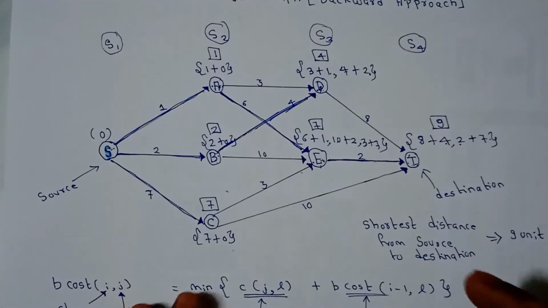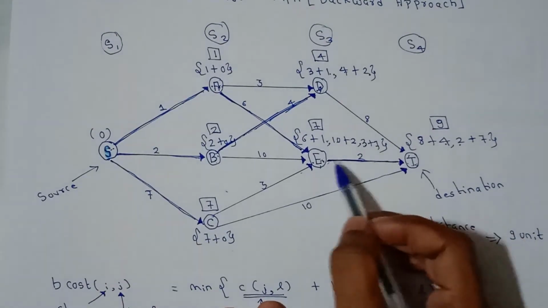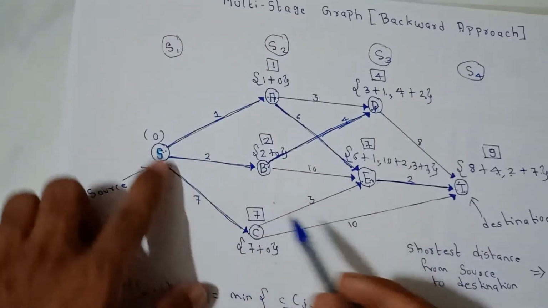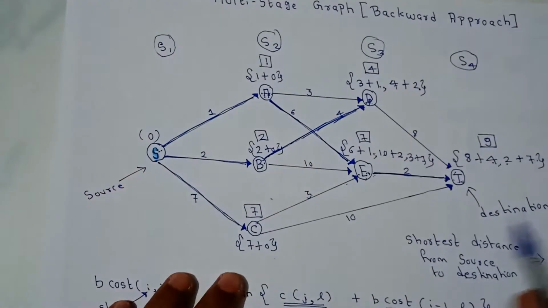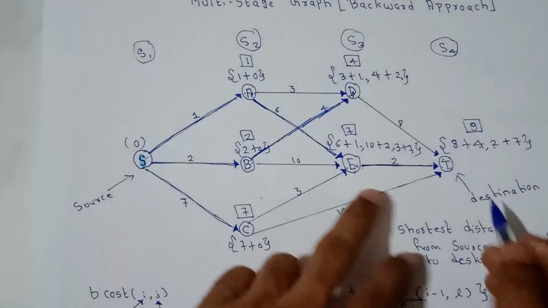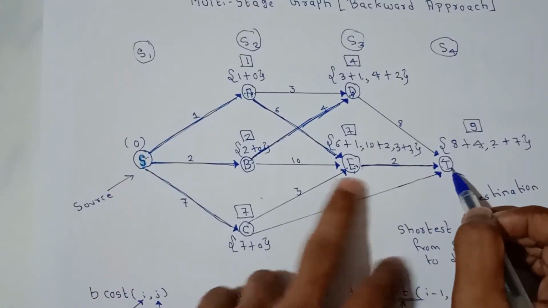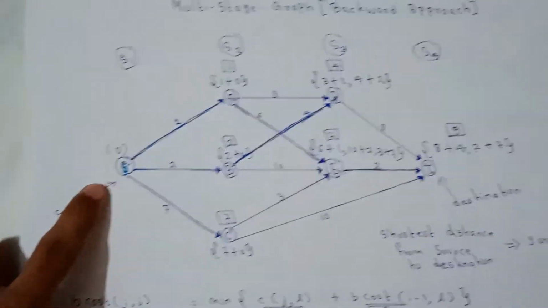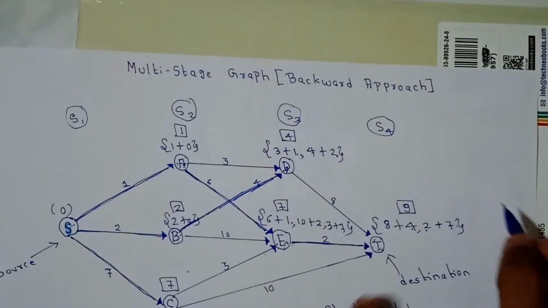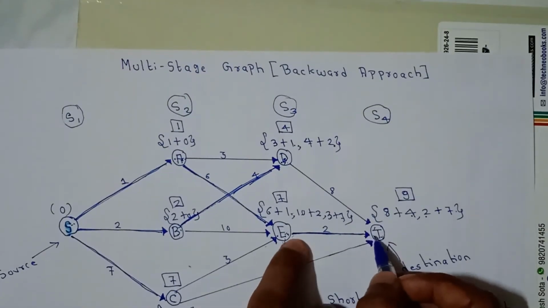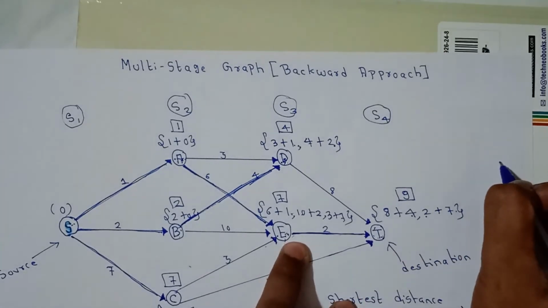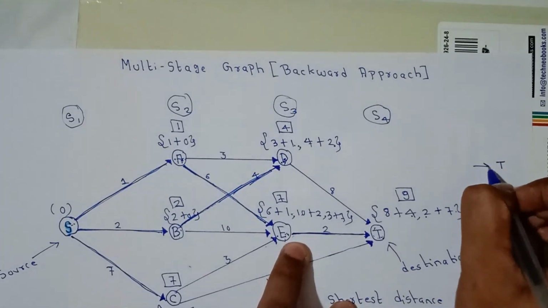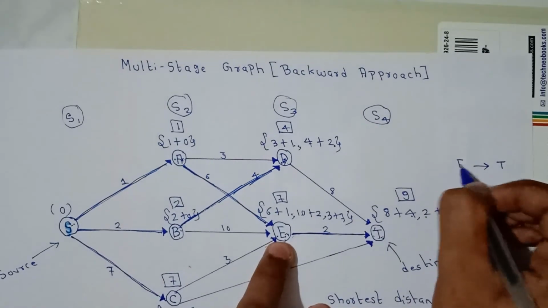For that we have to consider these dark edges; we have to follow these dark edges from the source node, right? So this is the destination node and this is the source node. We will write the path here: E to T is a dark path, so we will write here T, then E node, right?